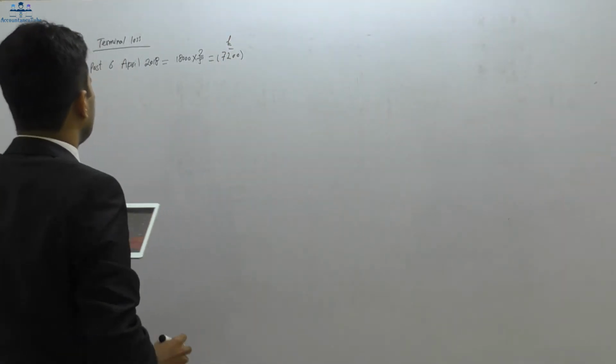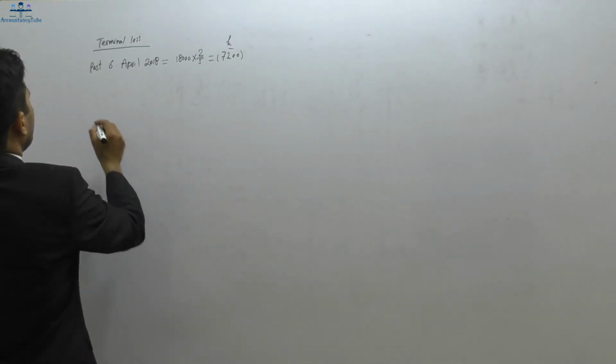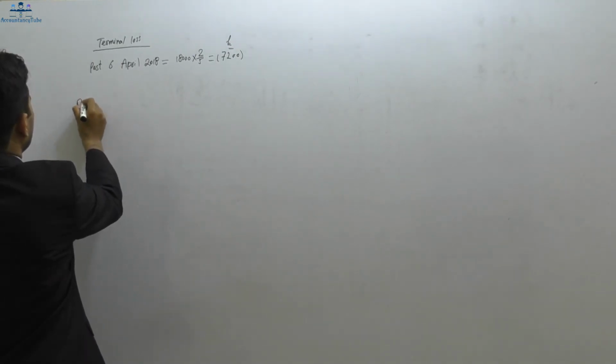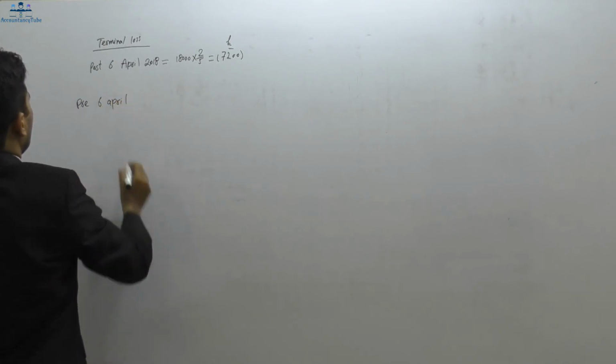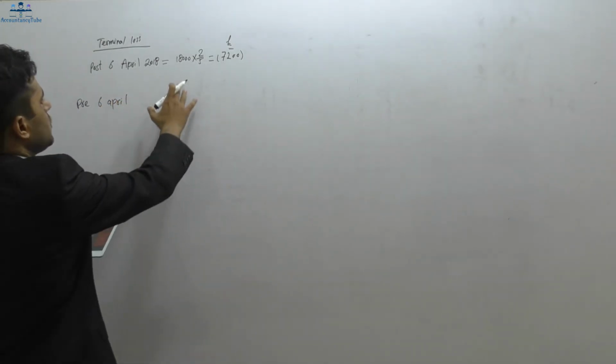Right, so there is a loss of £7,200. Then we have to see the pre 6 April. Now, post 6 April there are only 2 months.